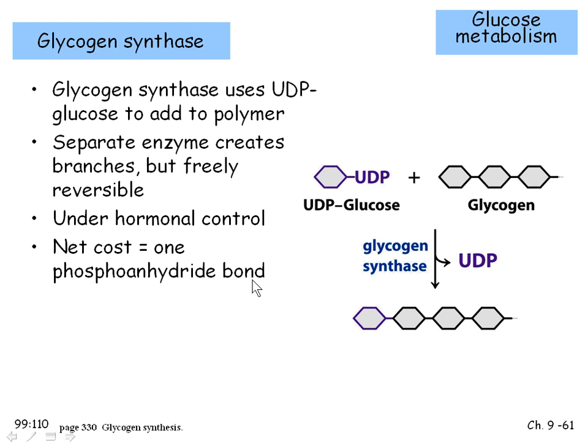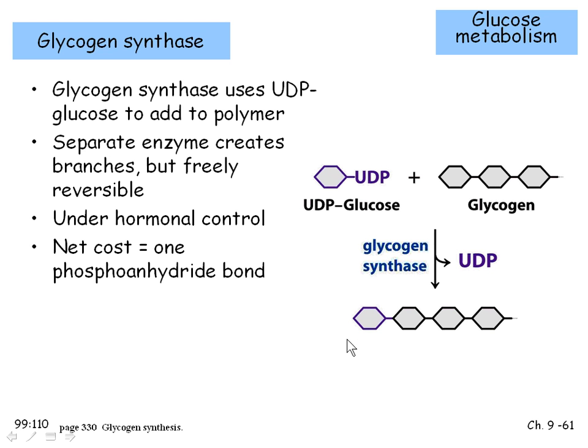In the specific case of glycogen, glycogen synthase uses UDP glucose as its donor to add a glucose to the polymer. And so UDP glucose is the substrate for glycogen synthase.